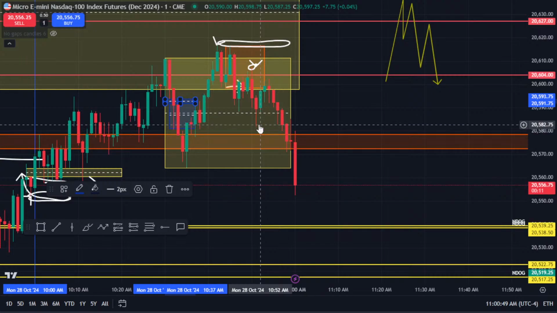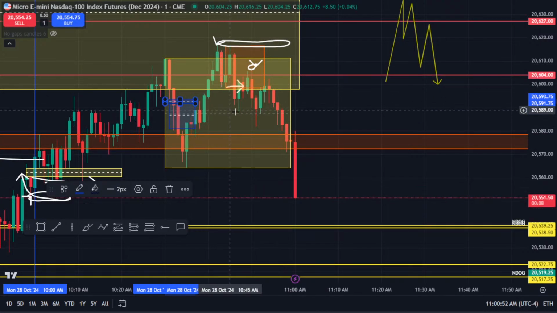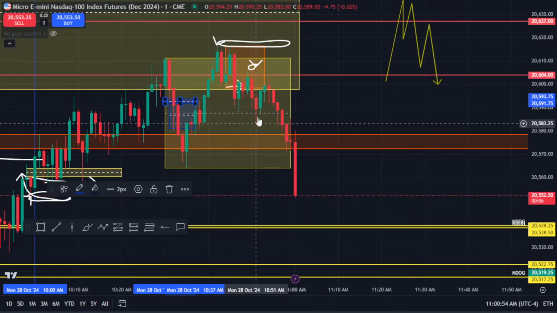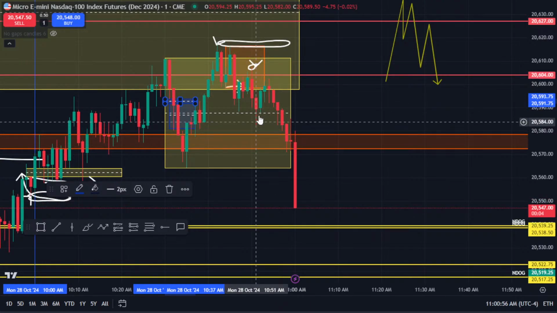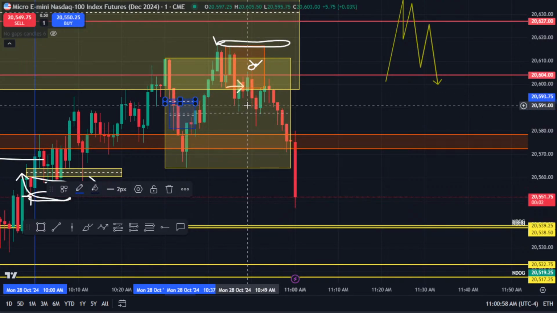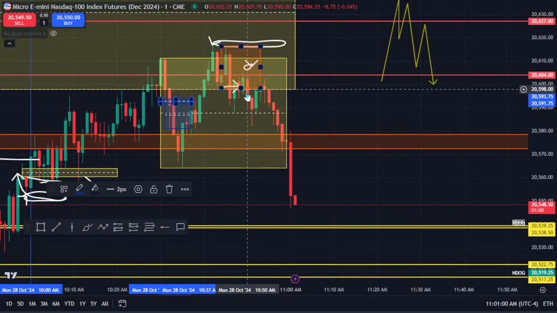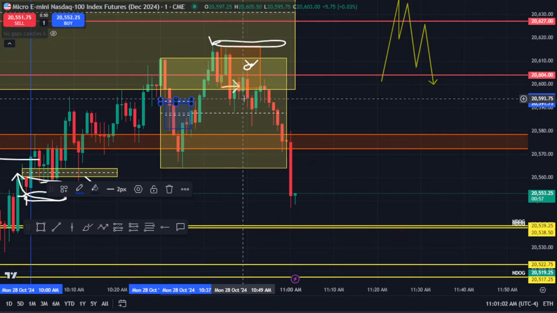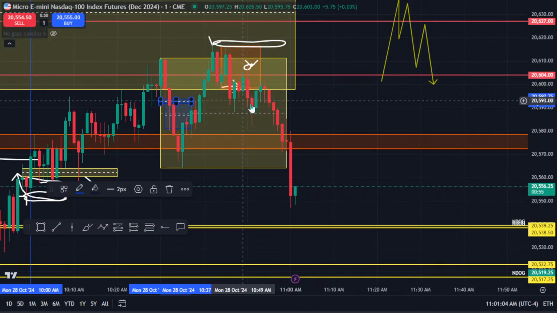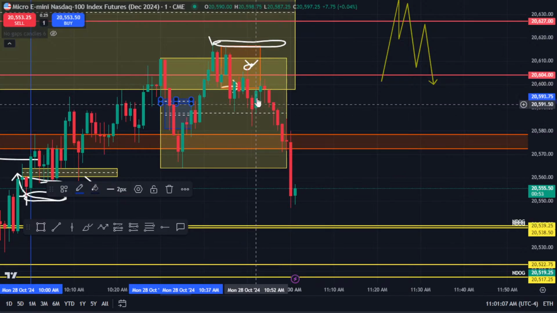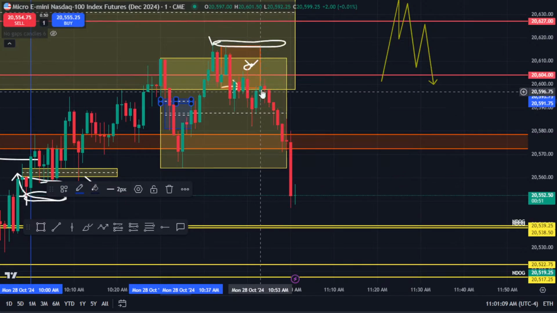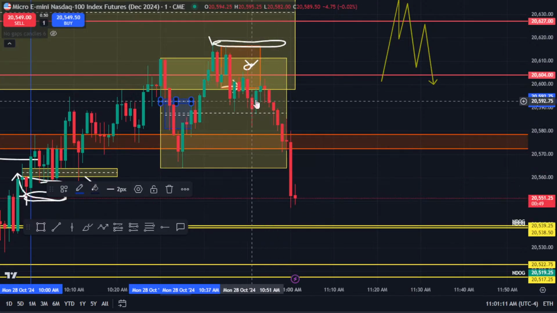When a low or a high is taken, a pullback usually happens, a retracement slash pullback, whatever term you want to use. We came back into the zone responsible for taking that low, so we tested it and we traded lower.